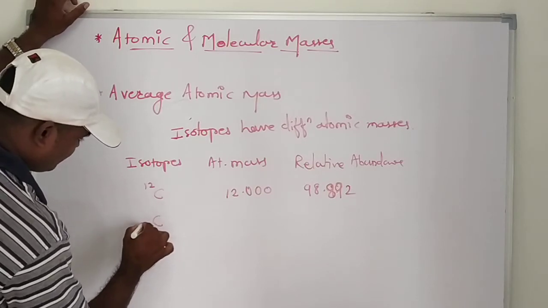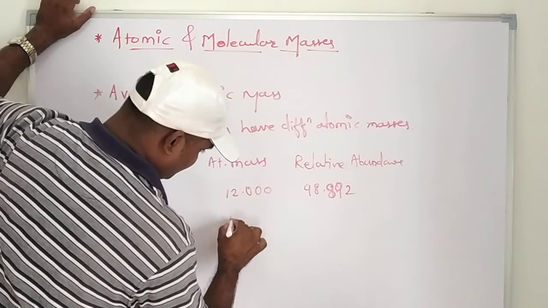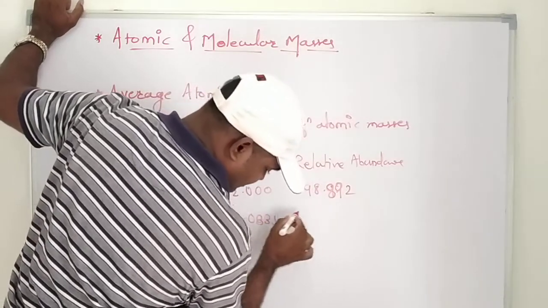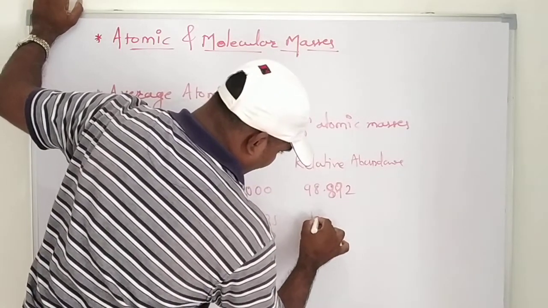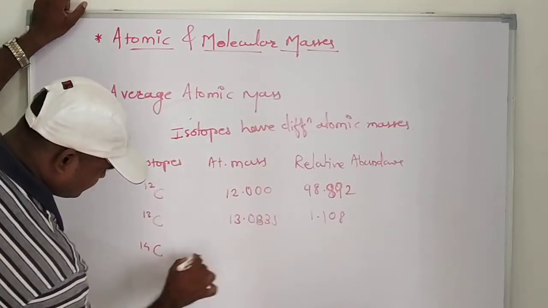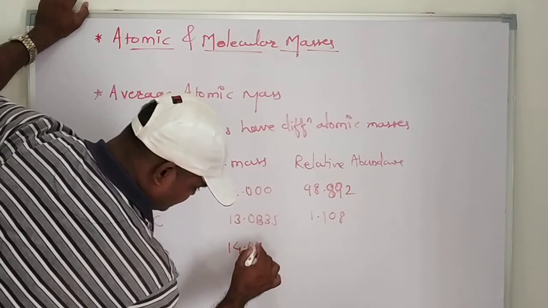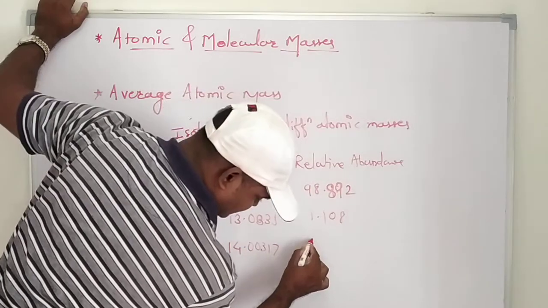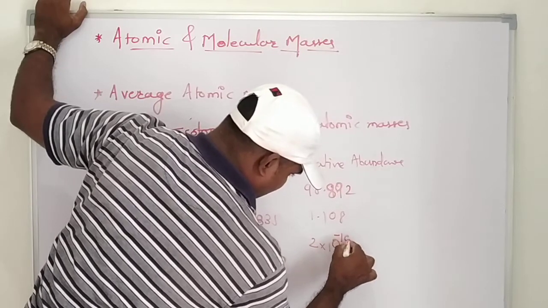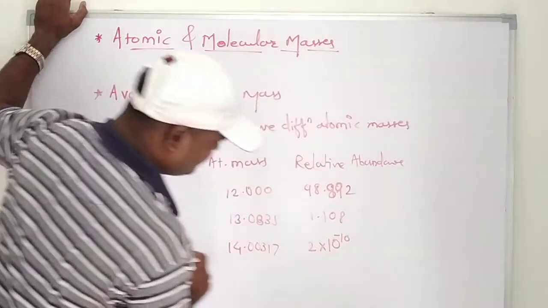After that, carbon-13 has atomic mass 13.00335 and its relative abundance is 1.108, and carbon-14 has atomic mass 14.00317 and relative abundance 2 × 10^-10. So this is all about the isotopes of carbon.